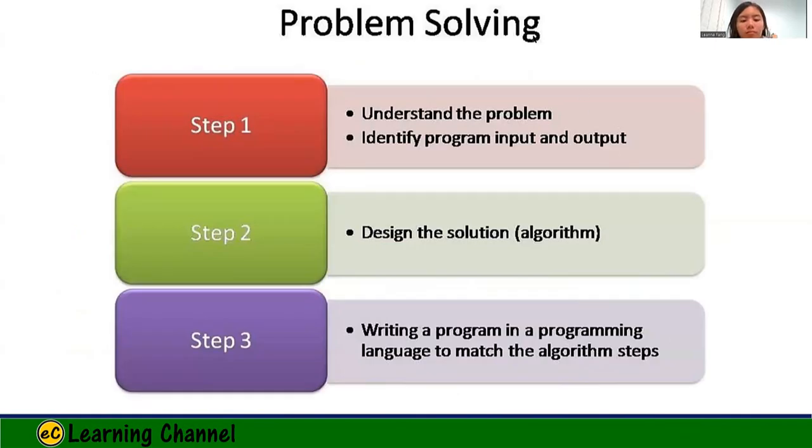Okay? So for problem solving, first you need to understand what the problem is. And then you design a solution that we call an algorithm. Sometimes you already have the swap algorithm you can use. Sometimes you don't. Then you need to invent an algorithm to solve the problem. And you apply the algorithm to write the program.